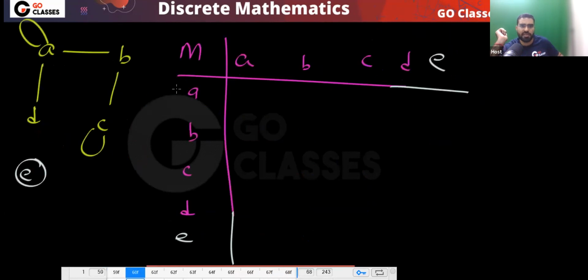For example, this adjacency matrix will give you how many walks of length 1 from A to A, that is 1. This adjacency matrix is already giving you the number of walks from A to anywhere.